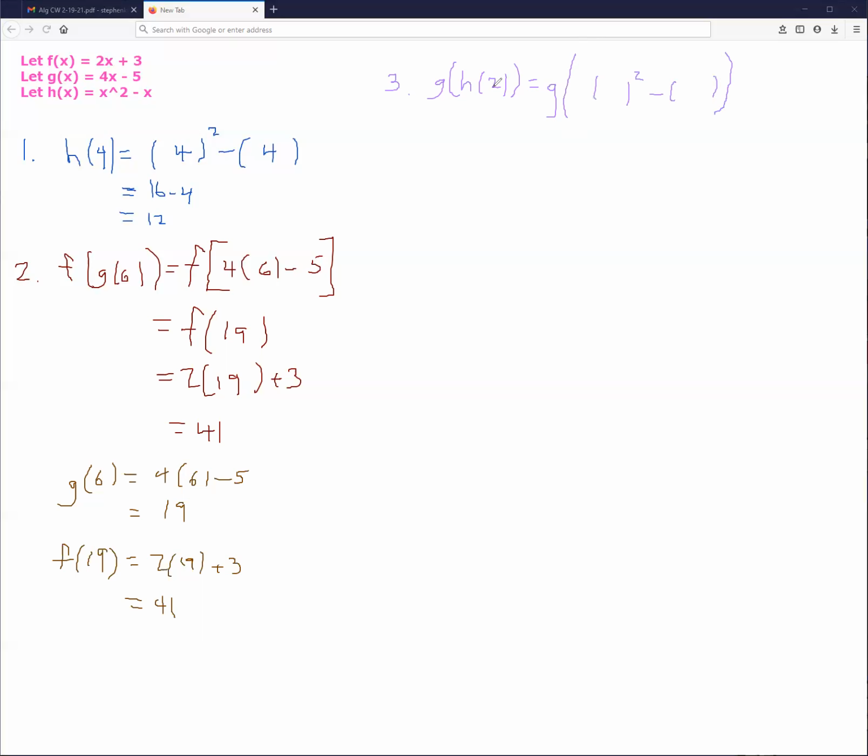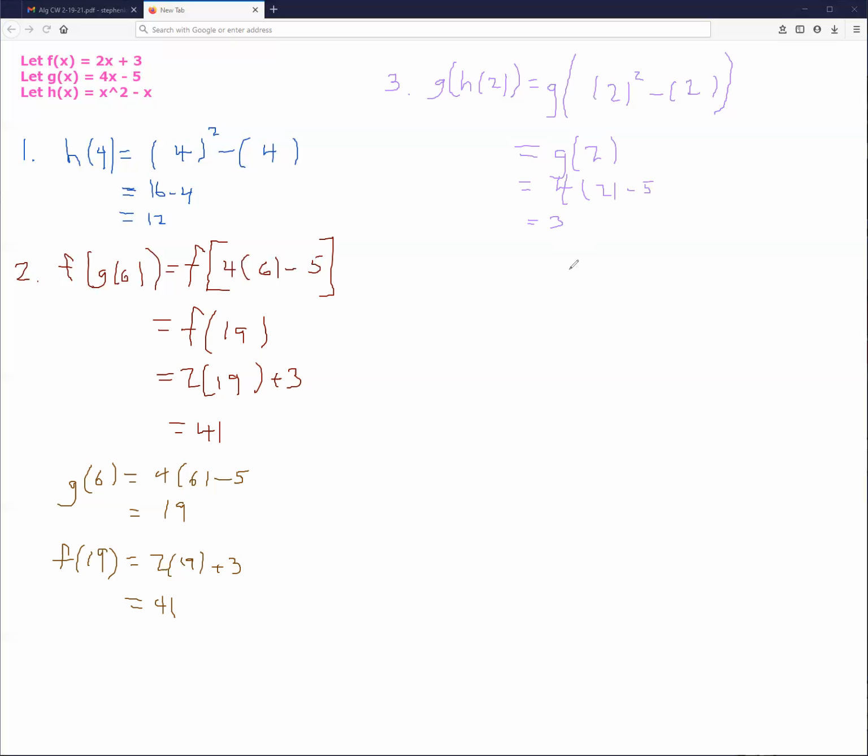And what is our stuff in parentheses? It's 2. 2 squared is 4, minus 2 is 2. This is going to be g of 2. And g of 2 is 4 times 2 minus 5, which equals 3.